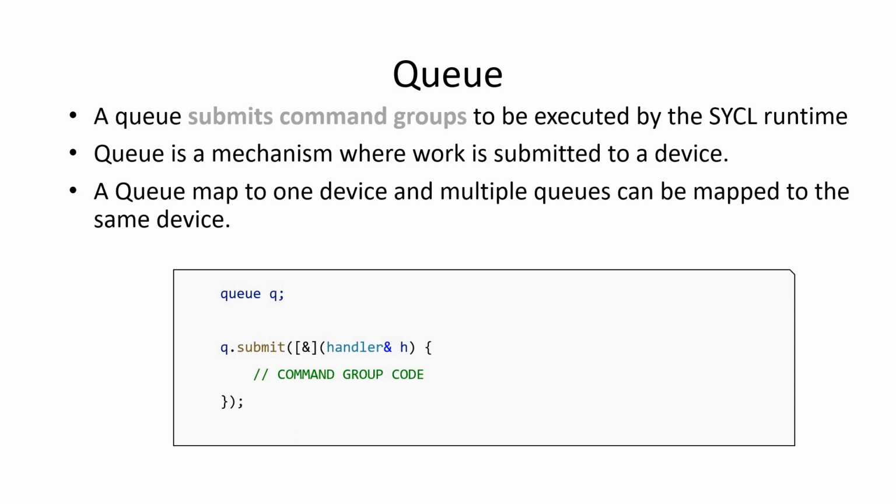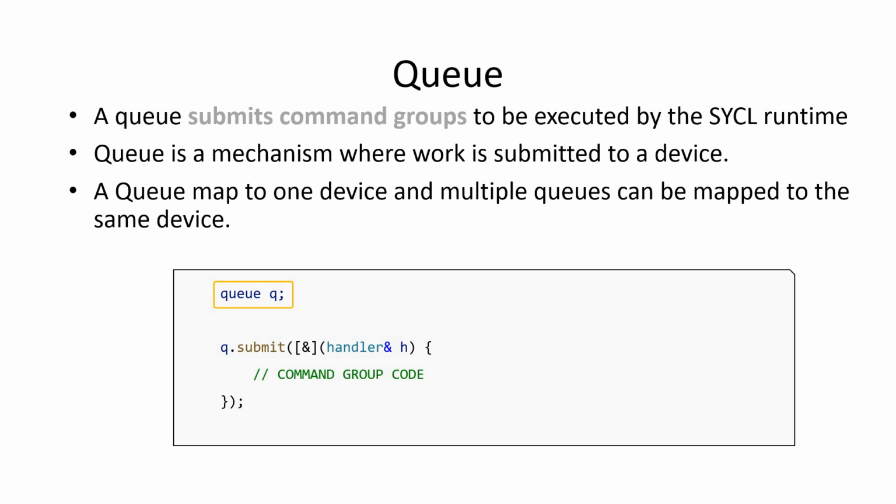So what next? The next one is the queue. This is one of the most important classes to be understood, and it is employed to submit command groups, where work is submitted to be executed on the device. What do you mean by that? Very simple. The work is submitted to the device only through the queue. Whatever you want to do can be done only through the queue. Remember that.